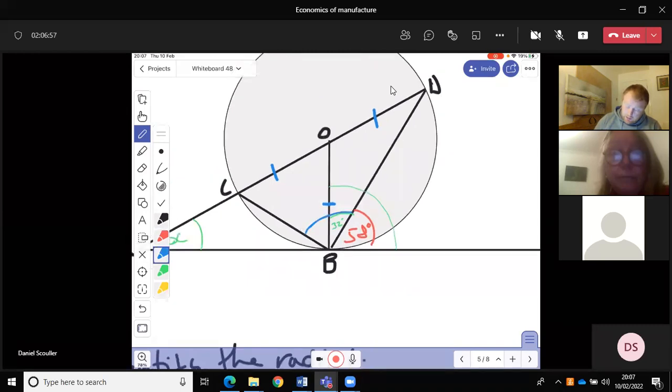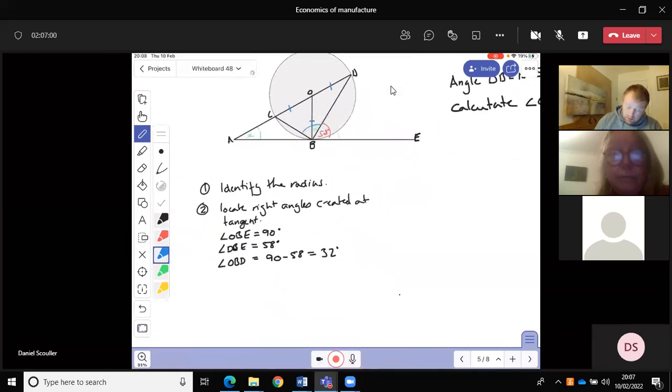Okay, so if I come away from that, I could say my step 3 is angle CBD is 90 degrees because it's a right angle triangle inside a semicircle.